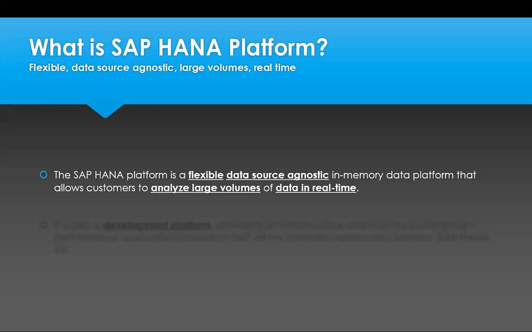And it's able to analyze large volumes of data in real time. Now you can perform your business intelligence on humongous amounts of operational transactional data as it's rolling in. That means it's real time. As soon as the transactions are punched, they are available for reporting. Now no need to calculate and build aggregates.